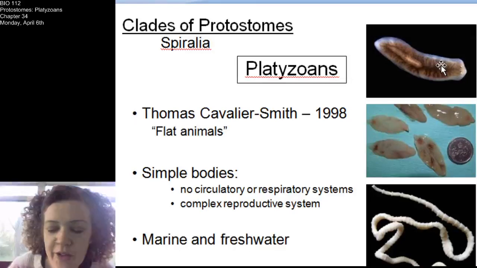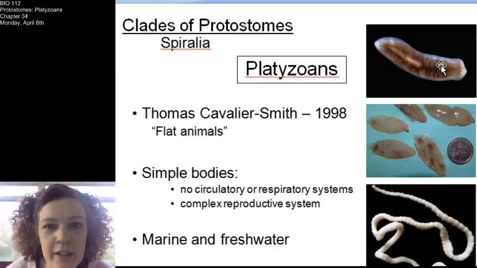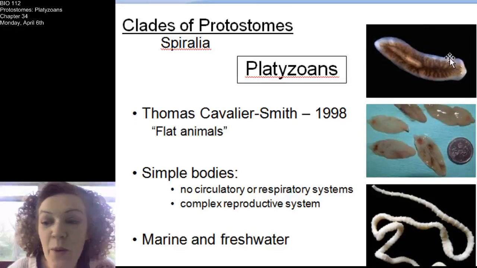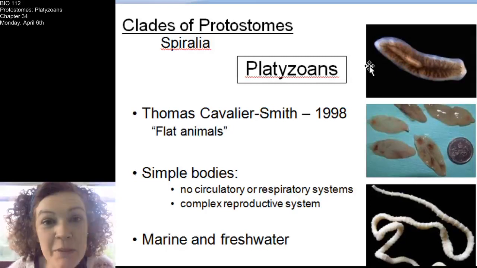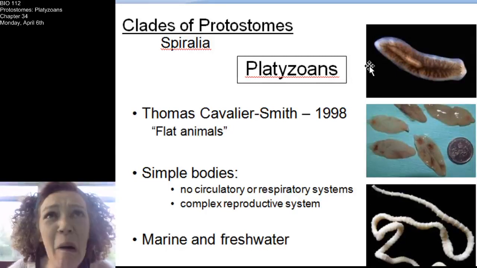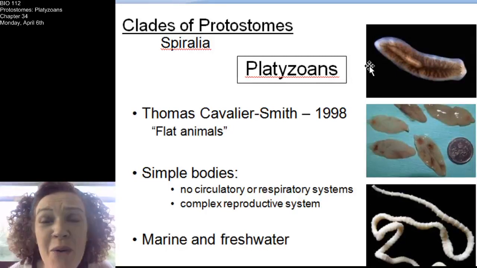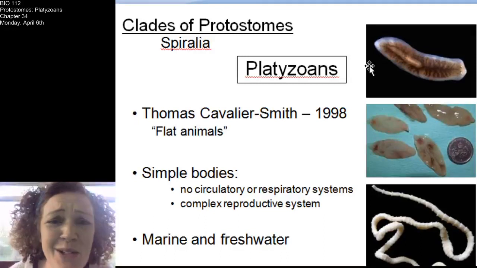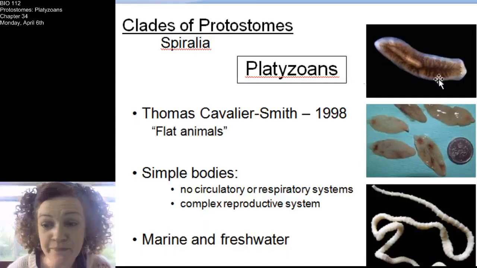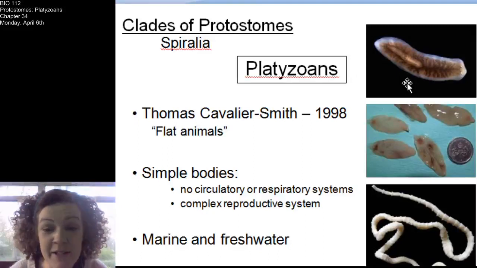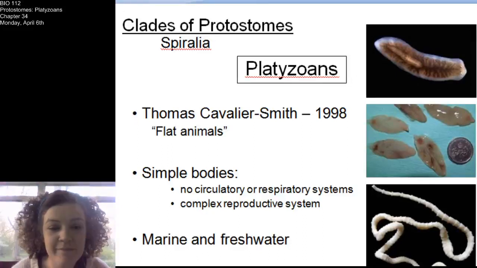So I always wipe them off and let them go about their business. And I don't want to kill them. I just want to make them late for something, right? Anyway, one of the rocks had a little planaria on it, and I was like, oh, I wish I had my phone because I could show you guys. They're so cute in the field. So I see these all the time in the freshwater environments that I work in.